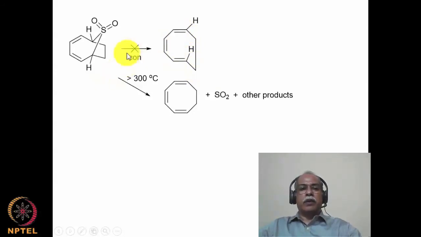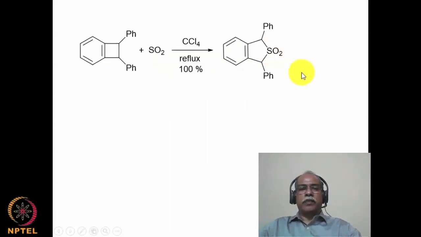So the conrotatory process, which is symmetry allowed, does not take place readily. At a higher temperature, a non-concerted pathway is proposed for the formation of the cyclooctatriene. So this is not a sigmatropic reaction. This is a chelotropic reaction, a non-concerted one, as the concerted chelotropic reaction is not viable because of the formation of a trans double bond in the product.